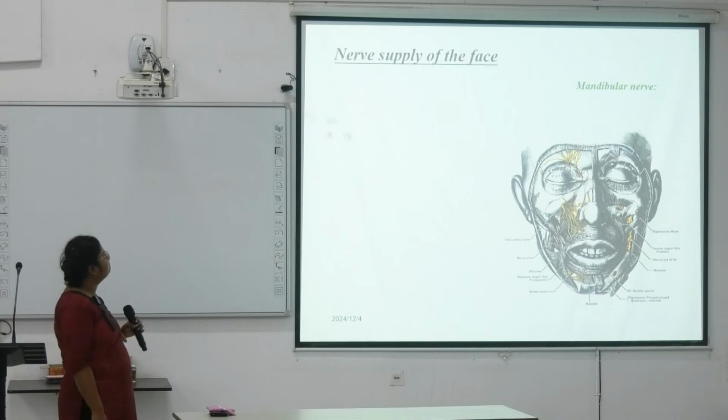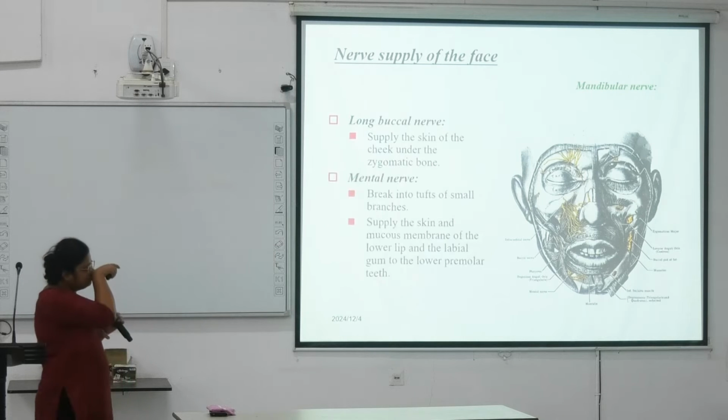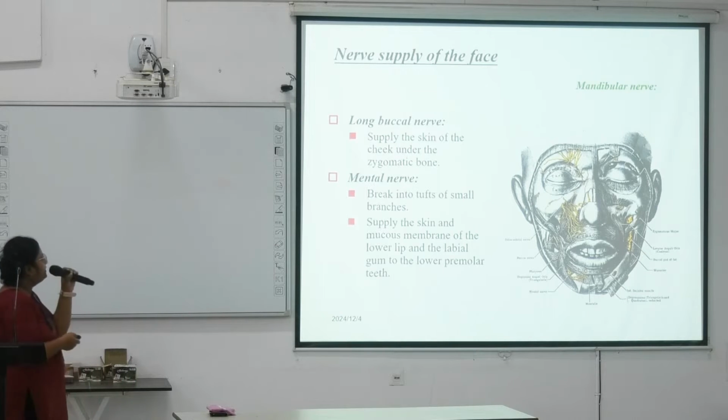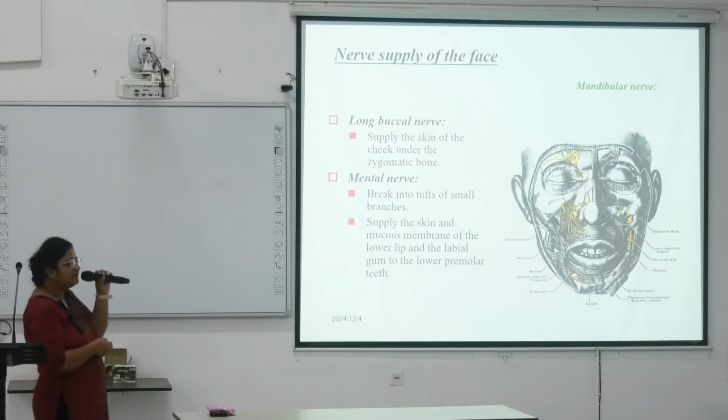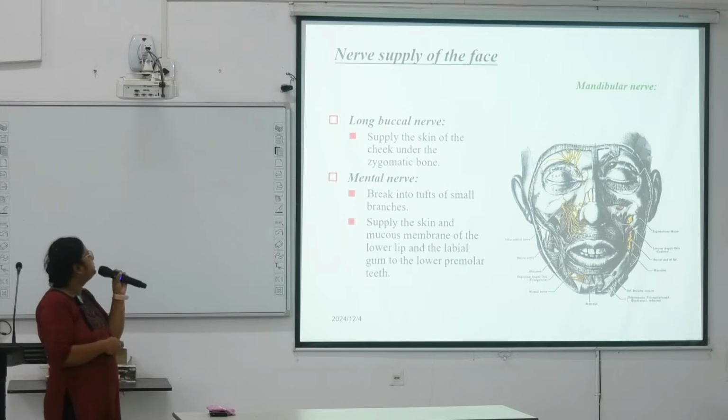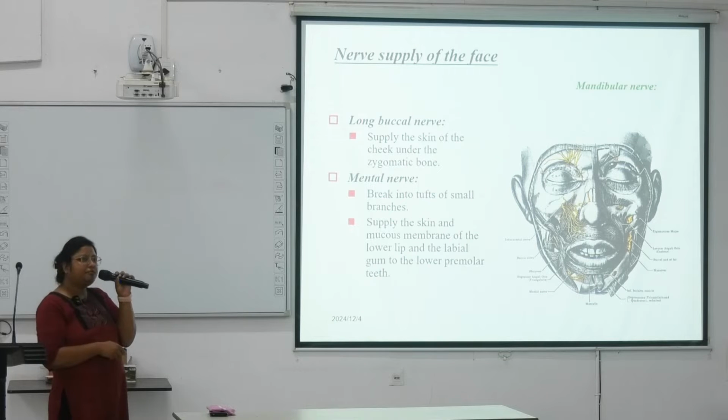The next two branches are the buccal nerve and the mental nerve. The long buccal nerve supplies the skin of the cheek under the zygomatic bone.